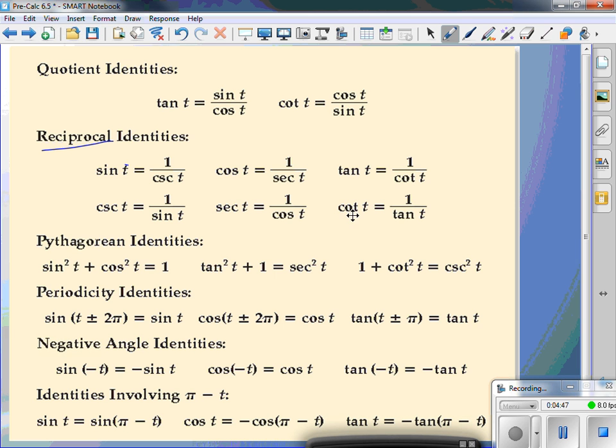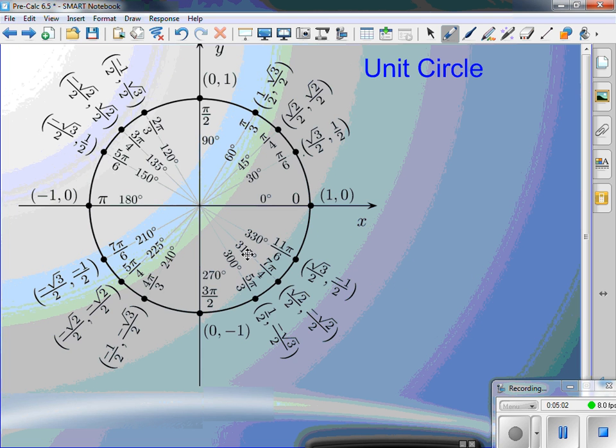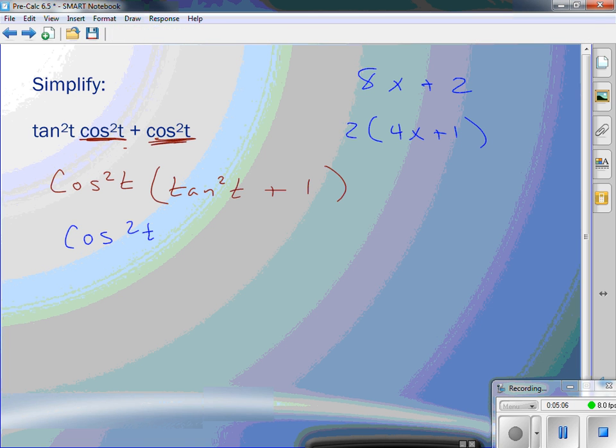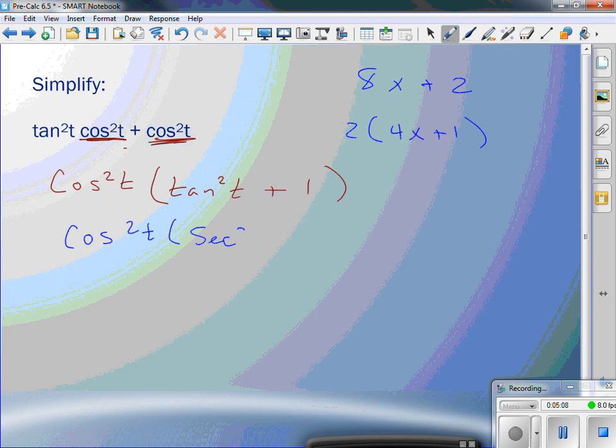If you look right here, you see tangent squared plus 1. What does tangent squared plus 1 mean? It means secant squared. So I have cosine squared of t times secant squared of t.